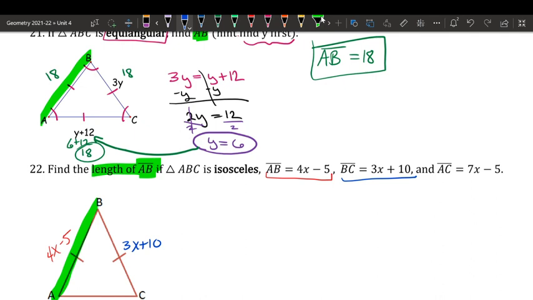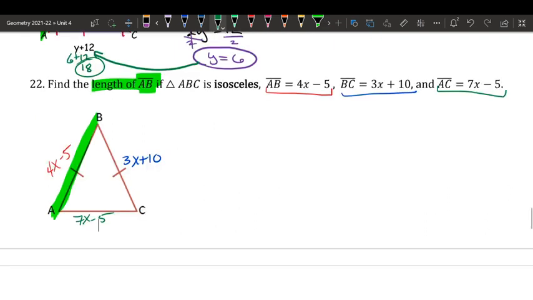And it tells me that AC is 7x minus 5. Alright, so if I'm trying to find the length of AB, I don't even need the 7x minus 5 down here. It's really not going to come into play at all.